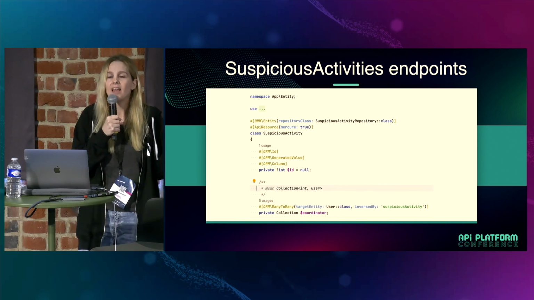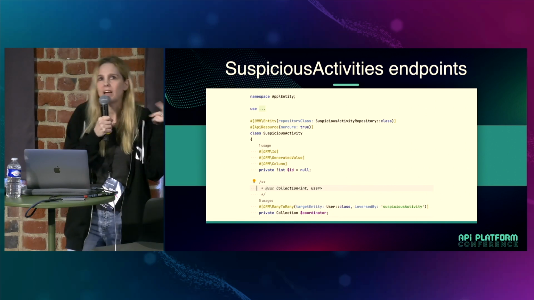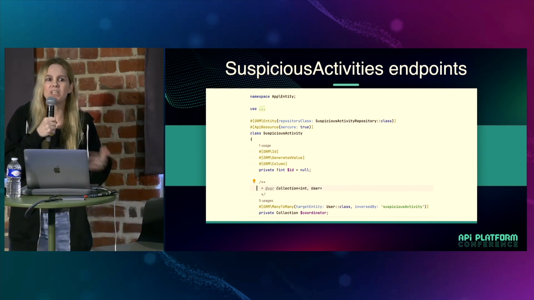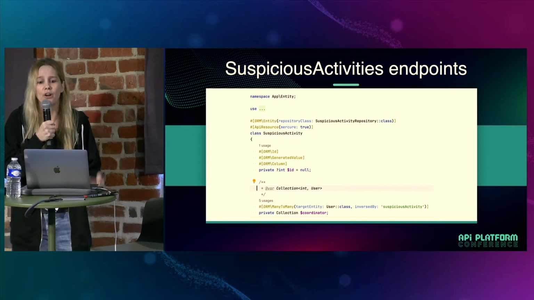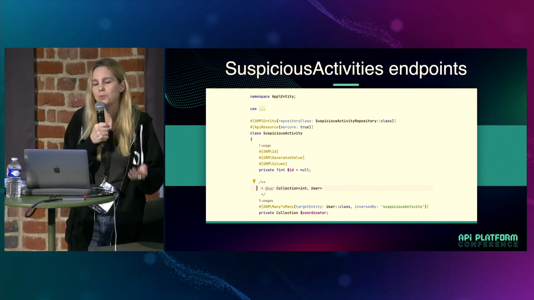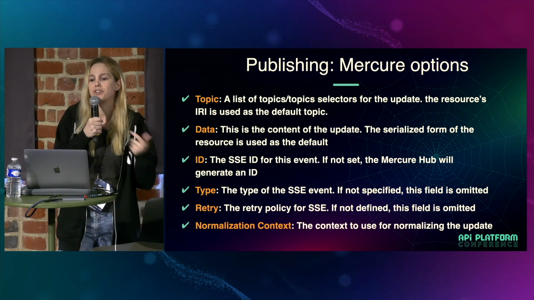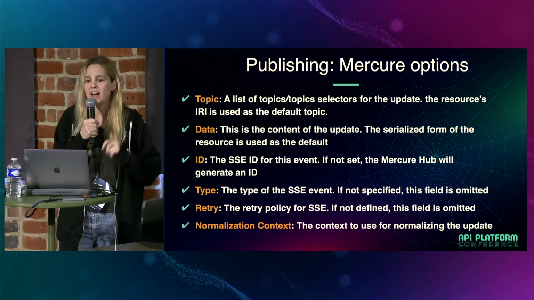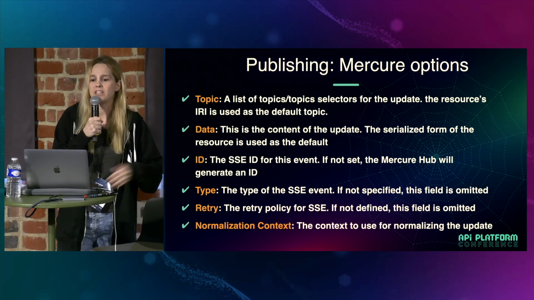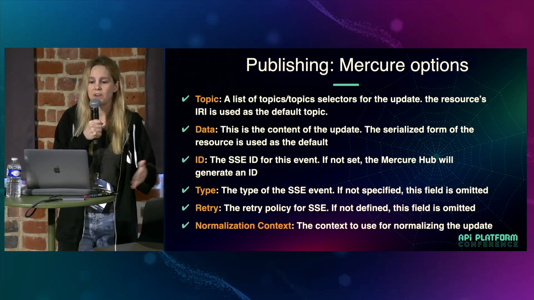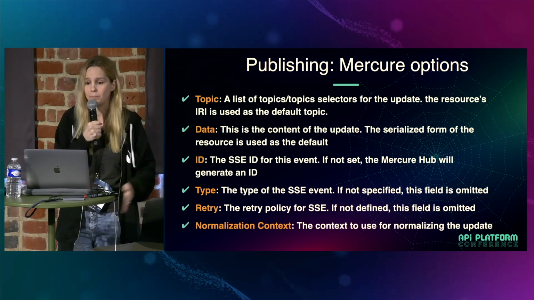That's it. You can use it like this, but sometimes we need to configure things a little bit. So here's a bit more on what we can configure. Topics: one or an array of topics. If not provided, the resource's internationalized resource identifier, the IRI, is used as the default topic.